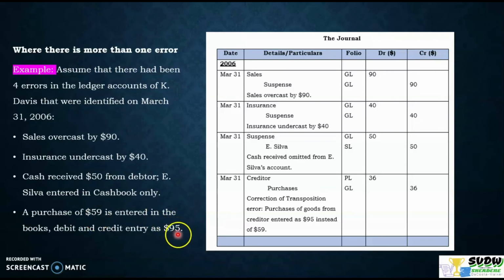So there's a swap in the sequence. So we know that this is a transposition error. So we're going to debit the creditor's account to show that we're removing the excess $36 and then credit the purchases account with the $36 to reduce it. So correction of transposition error, purchase of goods from creditor entered as $95 instead of $59.